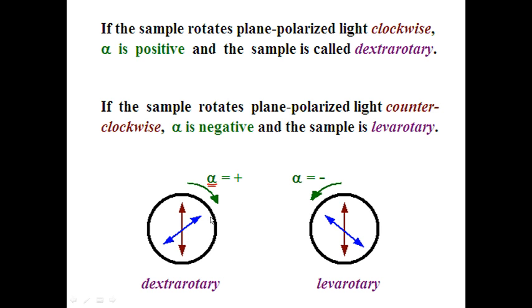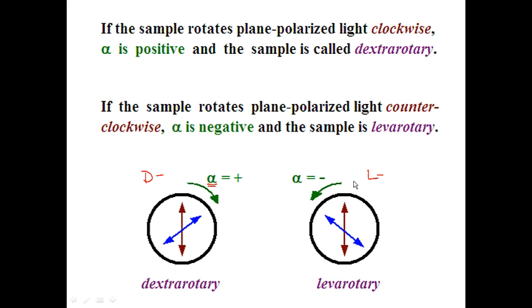So what they called this was, if the molecules rotate plane polarized light to the right, that's called dextrorotary, or what we sometimes call the D enantiomer with a big D. If it rotates it counterclockwise to the left, that's called the levorotary enantiomer.